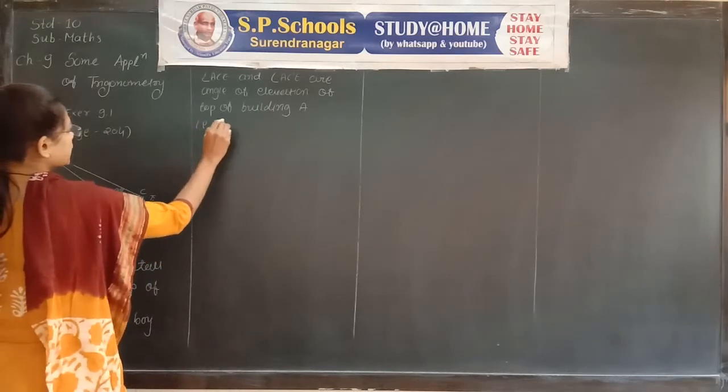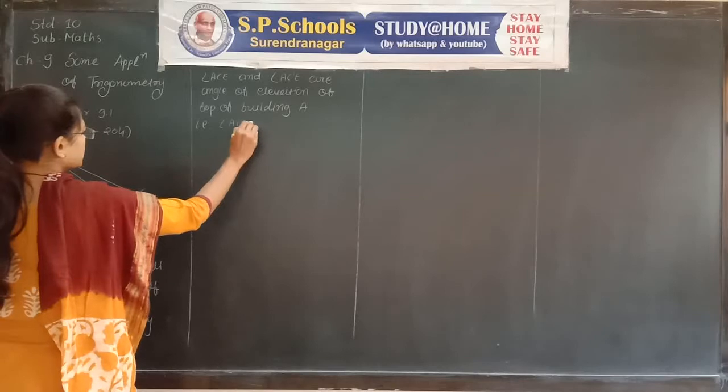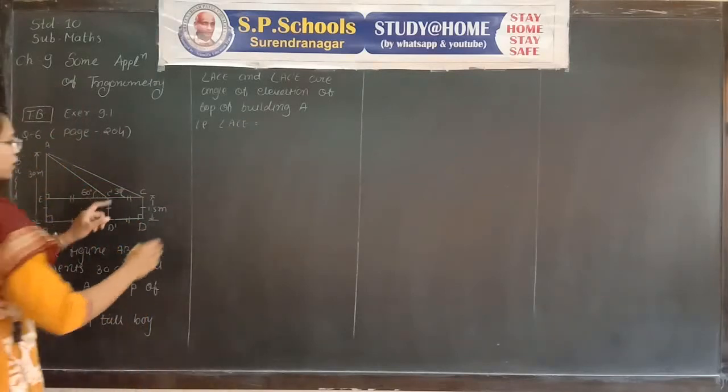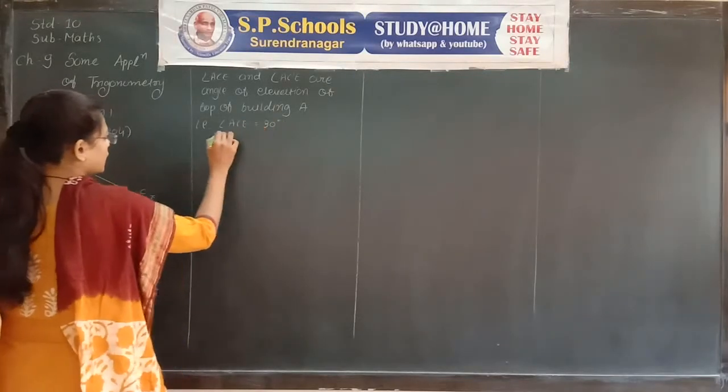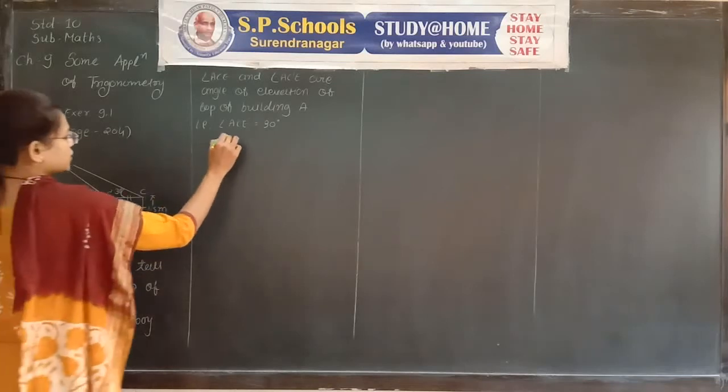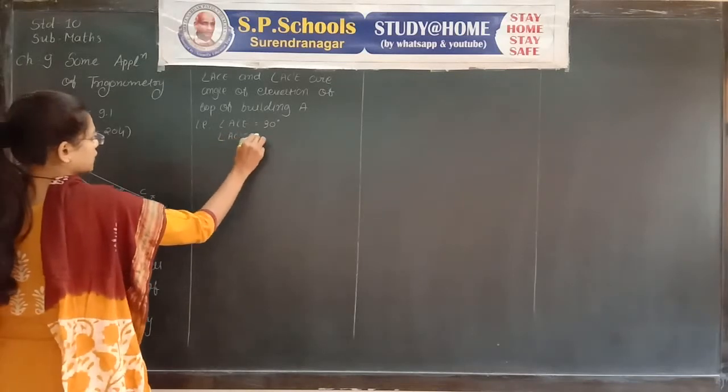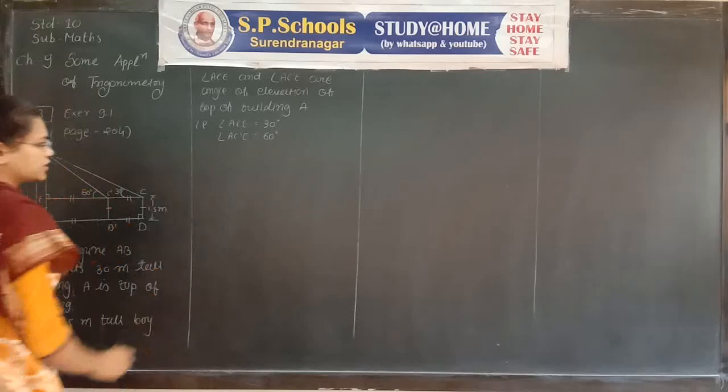That is, angle ACE equals 30 degree and angle AC'E equals 60 degree.